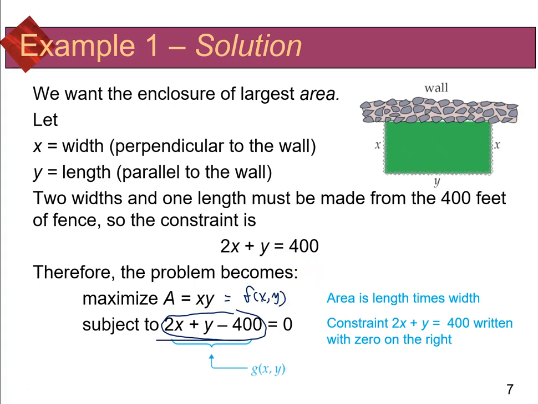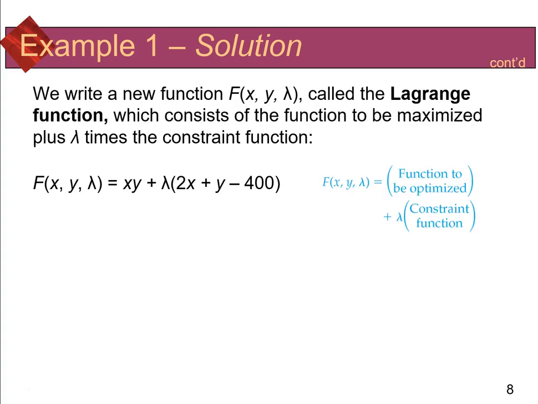I'm going to make a Lagrange function, which is capital F, x comma y comma lambda. So I'm making basically a situation that has two variables into a 3-variable function.